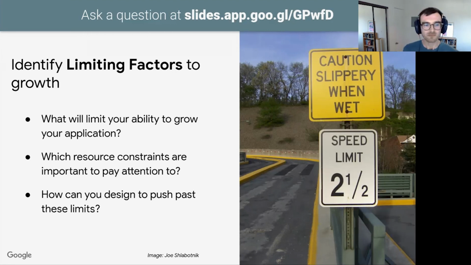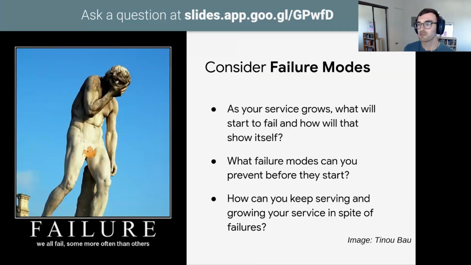The other part is we need to consider our failure modes. These allow us to build a service that is resilient against the forces of darkness that may take our service down, which sounds a little more evil than it is, when really we mean we have a bunch of users who want to do a bunch of cool things. So these are the actual issues that can cause the system to tip over and fail, whereas before we were talking about how we can successfully grow.